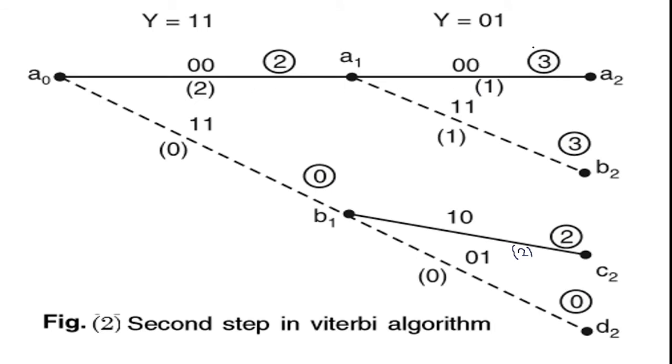So now here the running path metric is 3. And in this case, the running path metric is adding the branch metrics 2 plus 1, 3. Here, the running path metric is adding the branch metrics 0 plus 2, 2. In this path, the running path metric is adding the branch metrics 0 plus 0, which is 0. And this is the second step in the Viterbi algorithm.